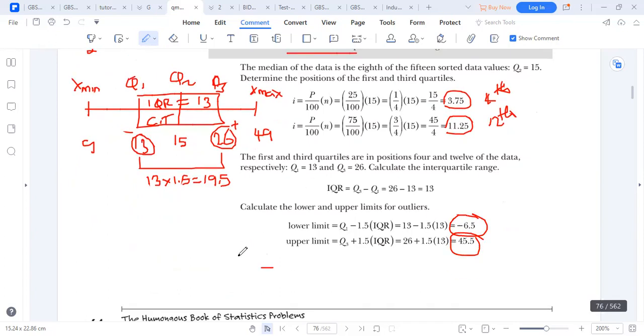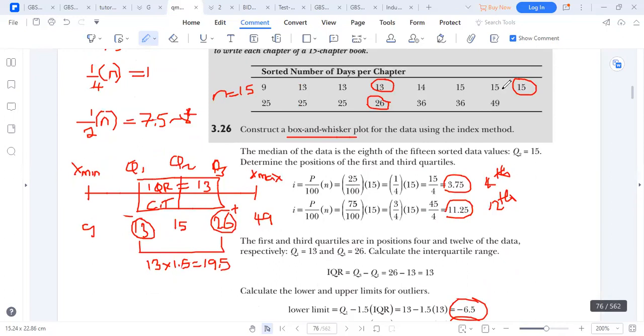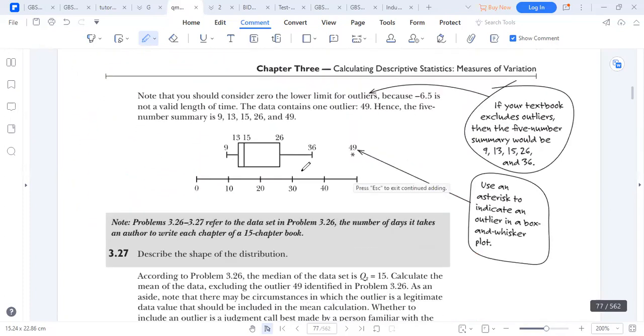So which ones are our outliers? 49. All right, so this is the illustration there. Then 49 is somewhere there, which is out of range.